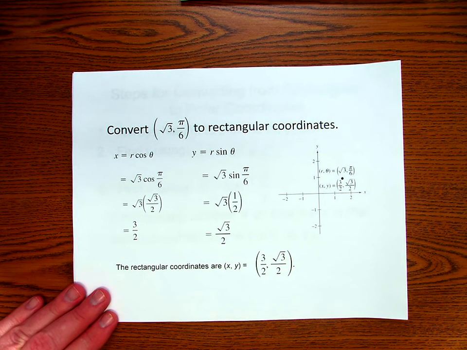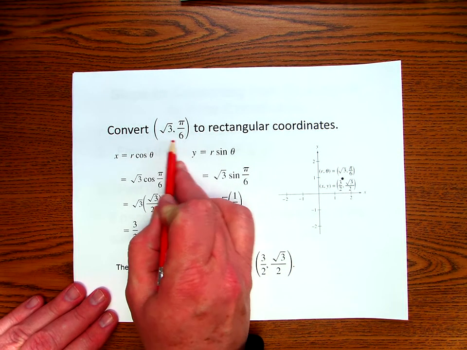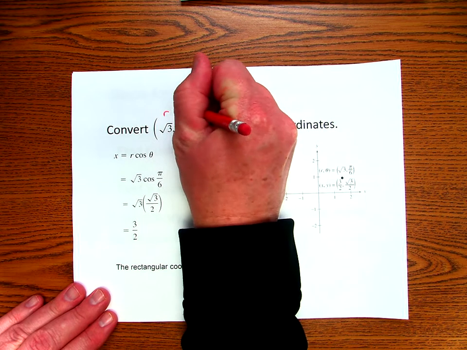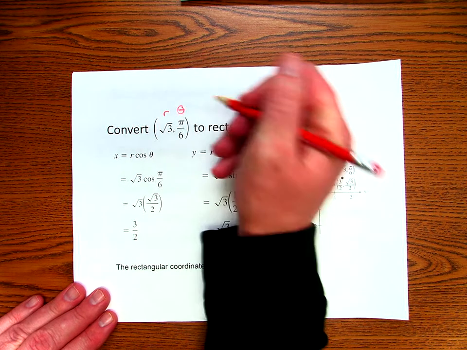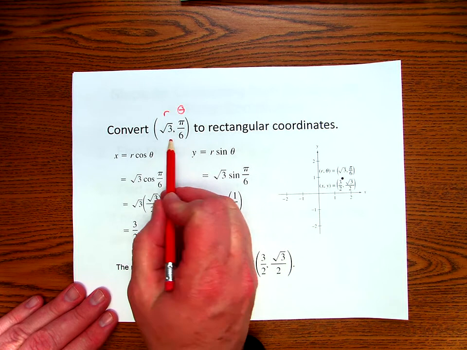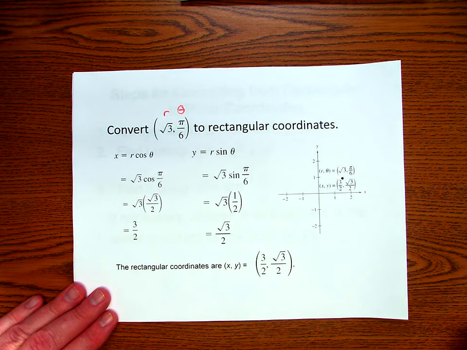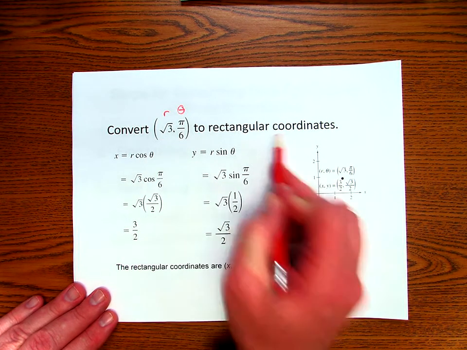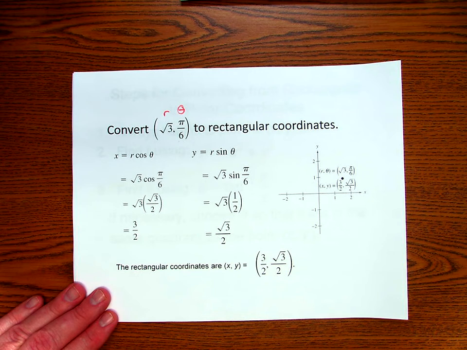So, convert (√3, π/6) to rectangular coordinates. So that's an r, that's a theta. If we're starting with polar and converting to rectangular, we can just take those two things and plug them into each one of those guys right there.